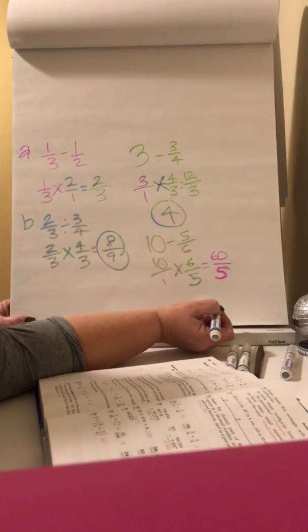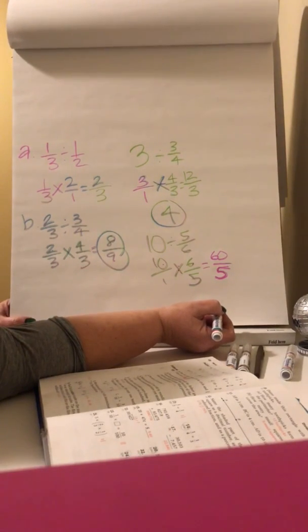Okay, so 60 over 5 is improper, so we need to simplify it or perhaps reduce it. So what do you know about 60 and 5? Yes, 5 goes into both of them. Or could you just think of a whole number too?